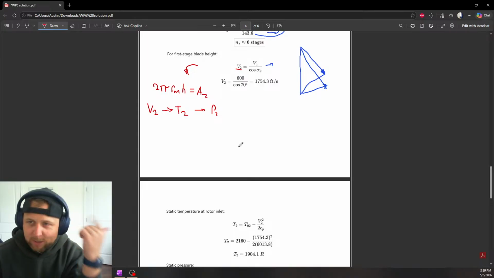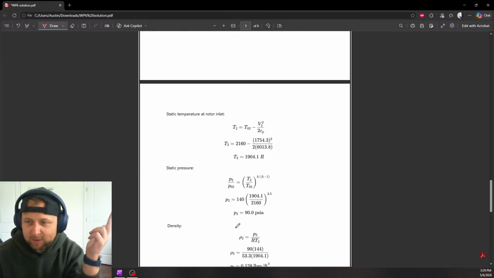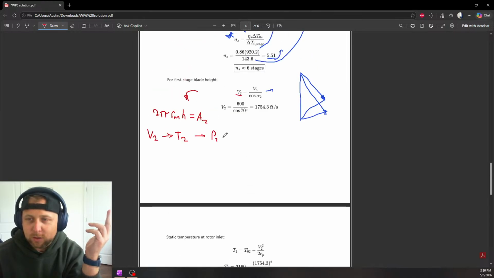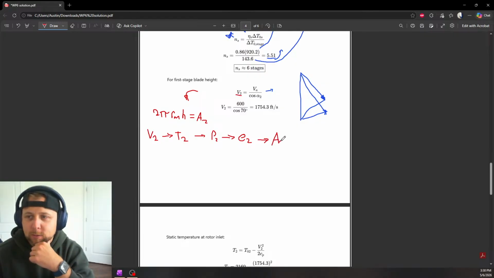We're looking for static temperature and static pressure so that we can get to our density, thus giving us our A2 via mass flow equal to rho 2 A2 VA.